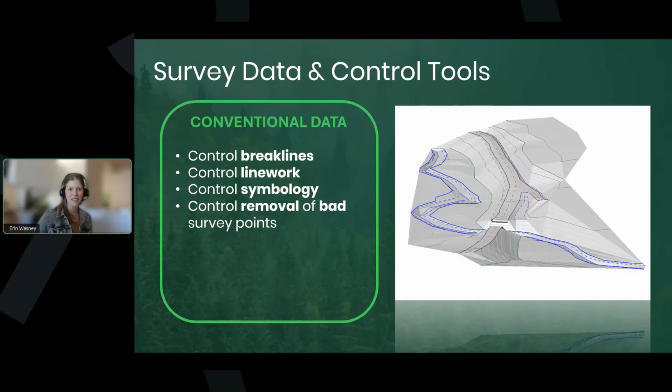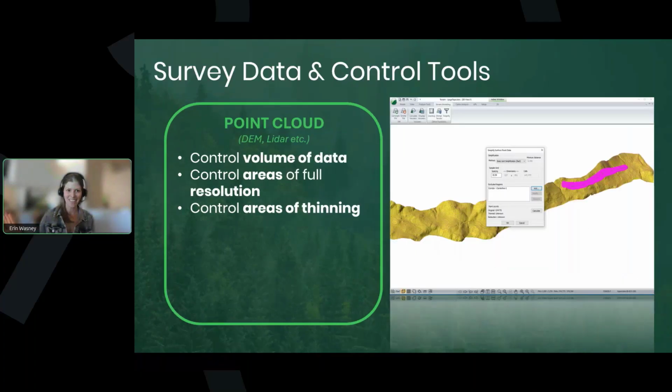And then from there, we'll talk about point cloud data. So here it's all more about controlling how much data you have, because point cloud data, whether it be DEM or LiDAR, they tend to be really large files. They're dense, often more data than you need. And of course, the more data you put into a project, the slower that project potentially could operate.